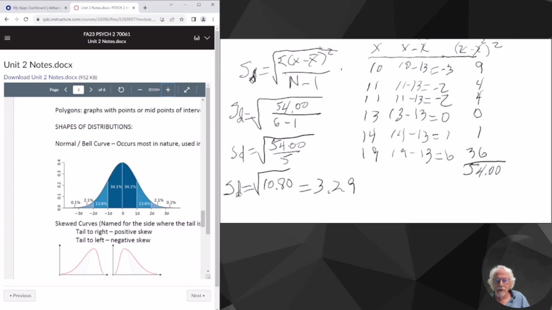The normal and the bell curve, 34.1% of the people lie between the mean and one standard deviation above the mean. Another different 34.1% of the people lie between the mean and one standard deviation below the mean.